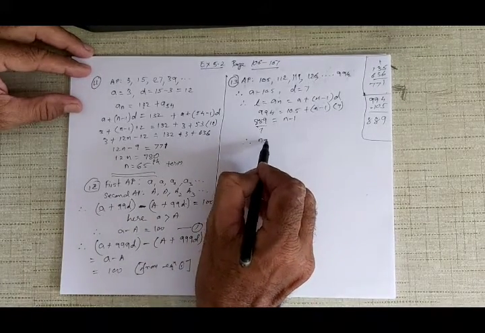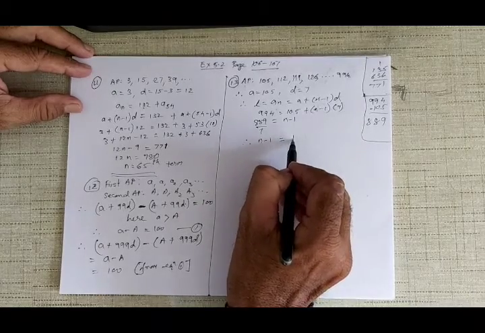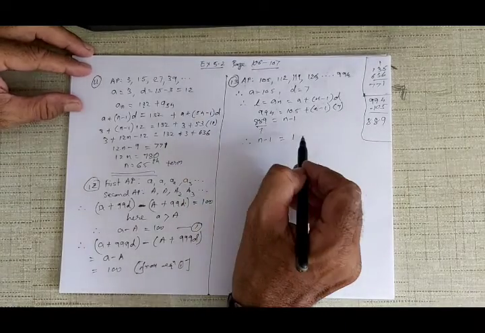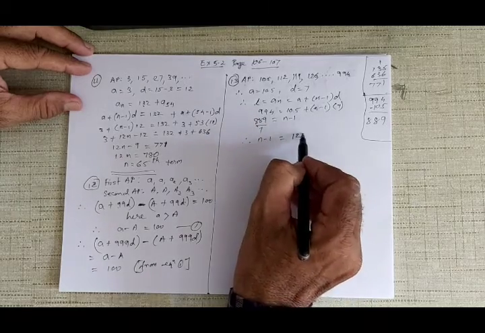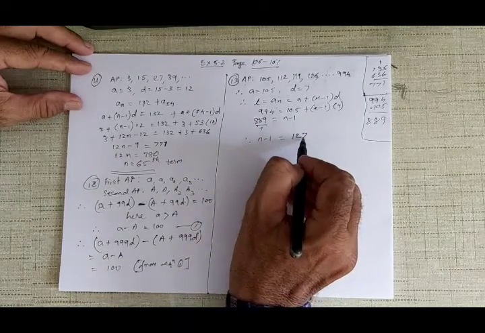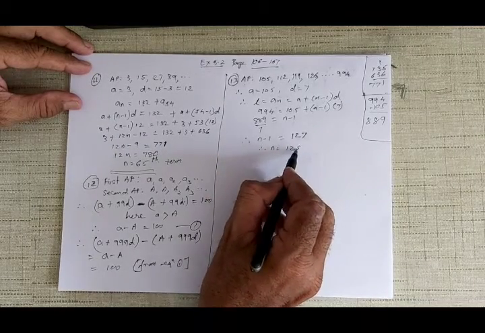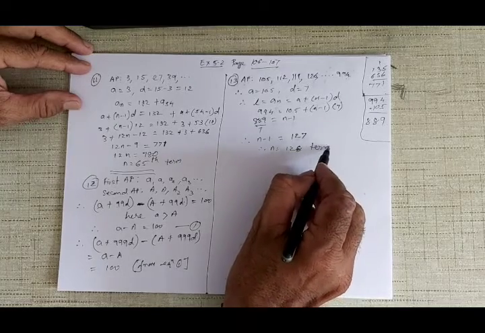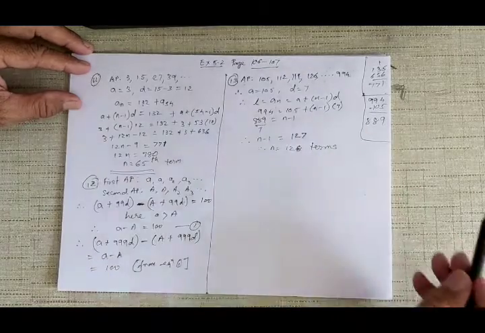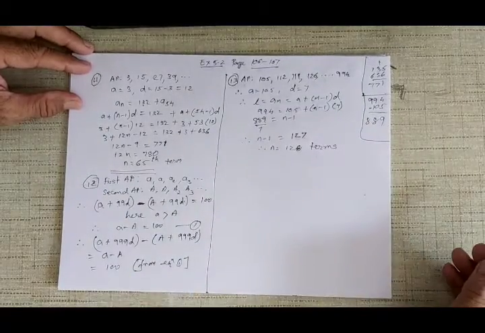Therefore n minus 1 is equal to, okay, 7 ones are 7 and 1, 8, 7 twos are 14, 14 and 49, 7 sevens are 49. So therefore n is equal to 128 terms. This AP has 128 terms and the last term, the 128th term, is 994.